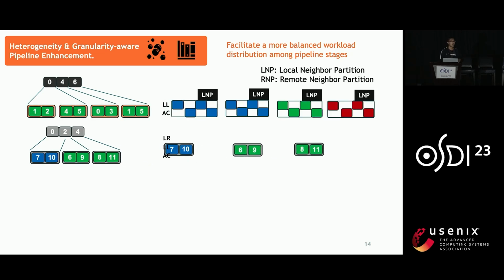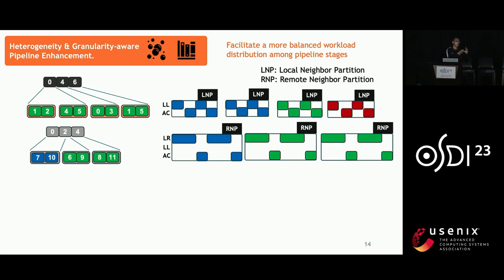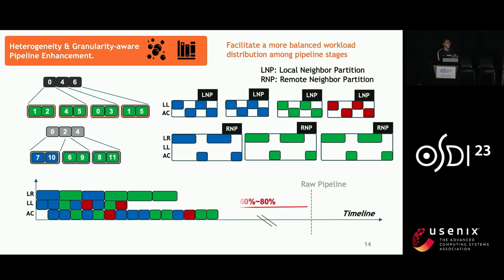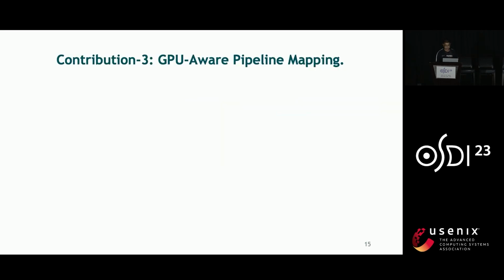For example, here we partition the labels into local and remote labels, and we set a constraint for each granularity. With this kind of design, we can further improve the pipeline with better overlapping of different operations from the local and the remote labels. And such optimization improves the overall performance by 60 to 80%.